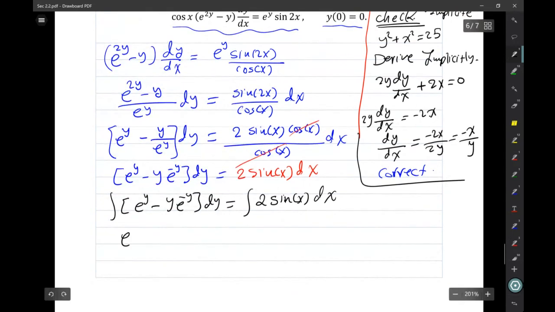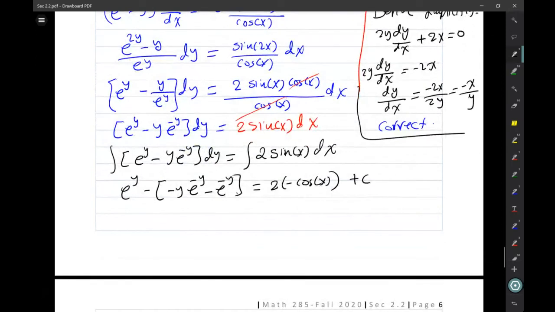The integral of e to the power y with respect to y is e to the power y, minus the integral of y e to the power minus y, which according to integration by parts is minus y e to the power minus y minus e to the power minus y, equals the integral of 2 times minus cosine x, plus c.